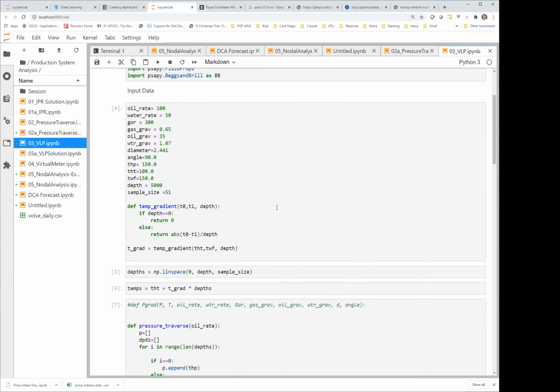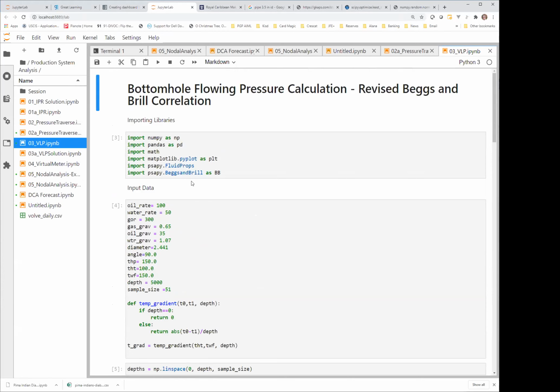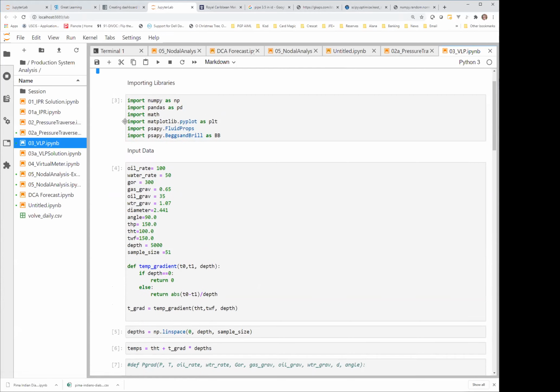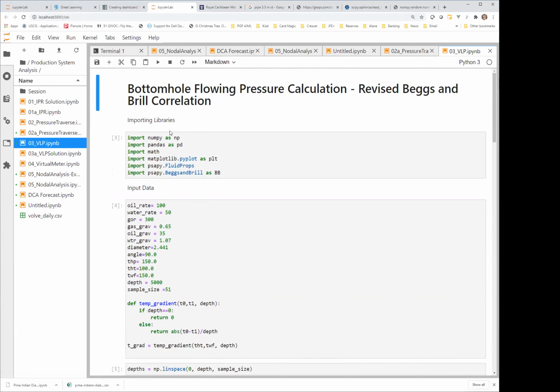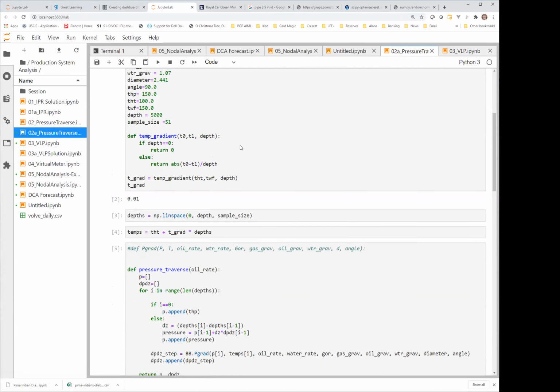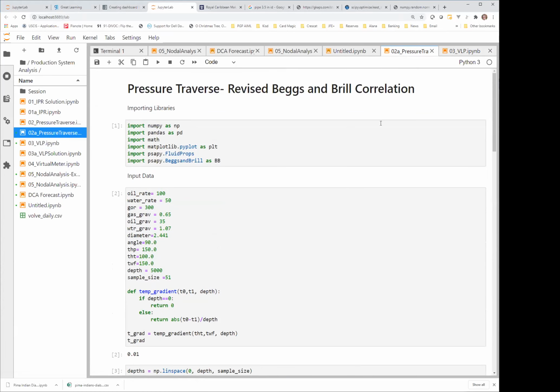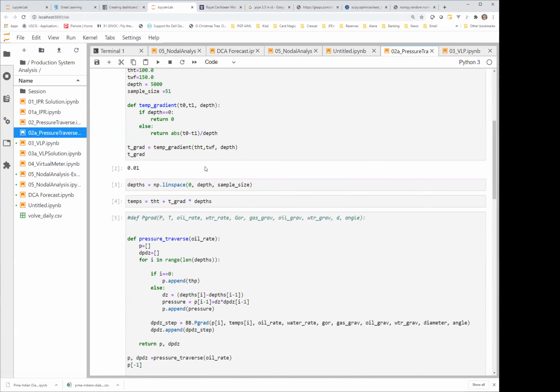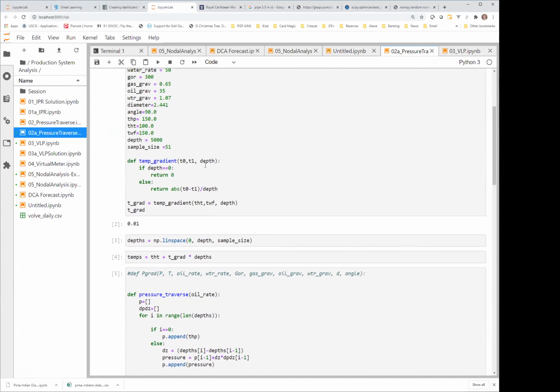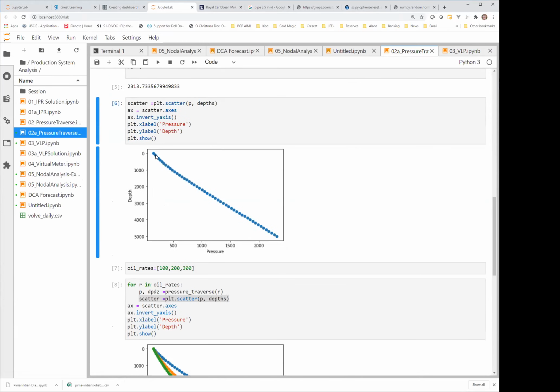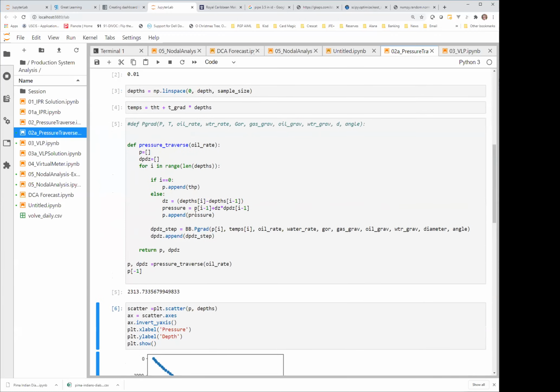Just to refresh you, we use Beggs and Brill, and we started with the pressure gradient, which is just a way to calculate flowing bottom-hole pressure at a different depth, using the Beggs and Brill correlation.